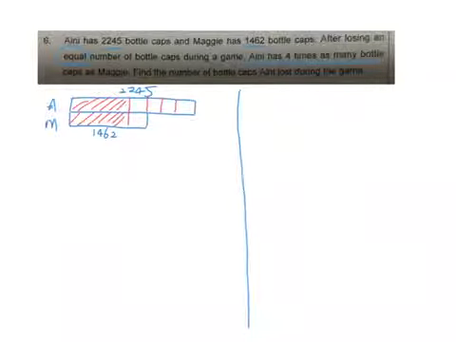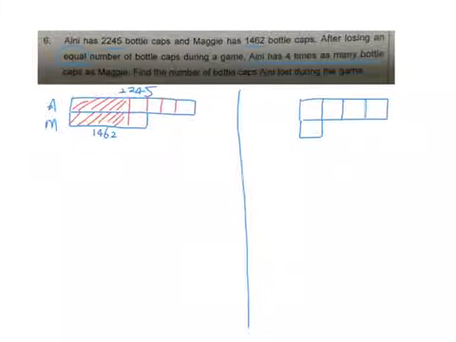Now, another way of looking at this question is, after we read the same question, we can always draw the part that tells us how much is left. After losing an equal number of bottle caps during a game, Aini has 4 times as many bottle caps as Maggie. So some of you would prefer to draw the after first: Aini, 4 units, and Maggie, 1 unit.